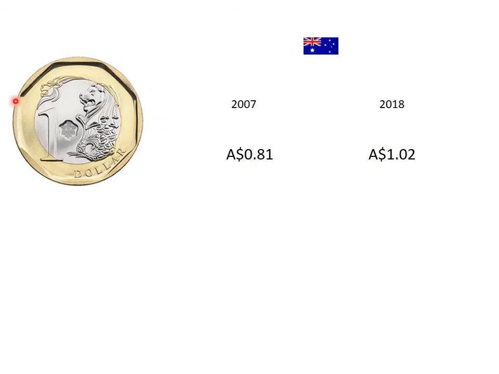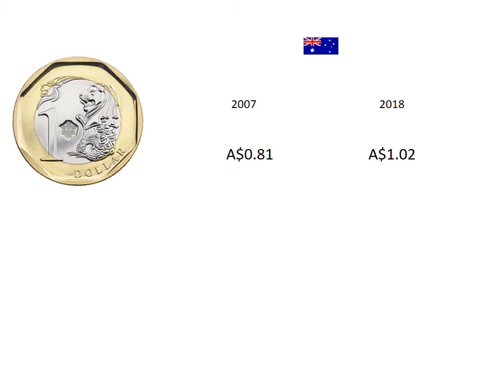If you are a holder of one Sing dollar, you can see that your dollar actually fetches a higher Australian amount in 2018. In 2018 you can get 1.02 Australian. In 2007 you only got 81 Australian cents. So your Sing dollar can exchange for more Australian. So your Sing dollar has appreciated.